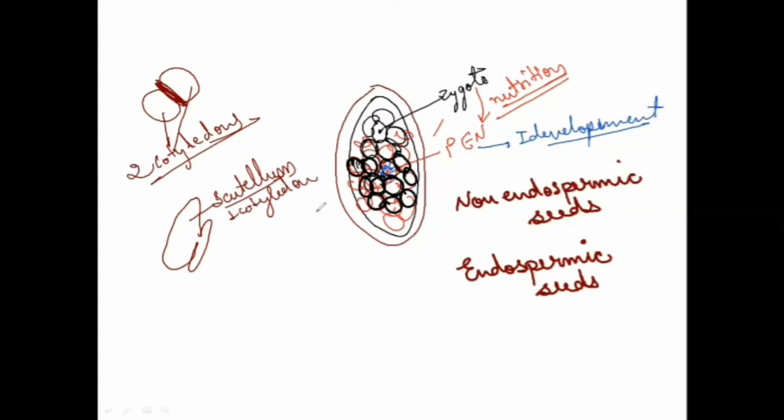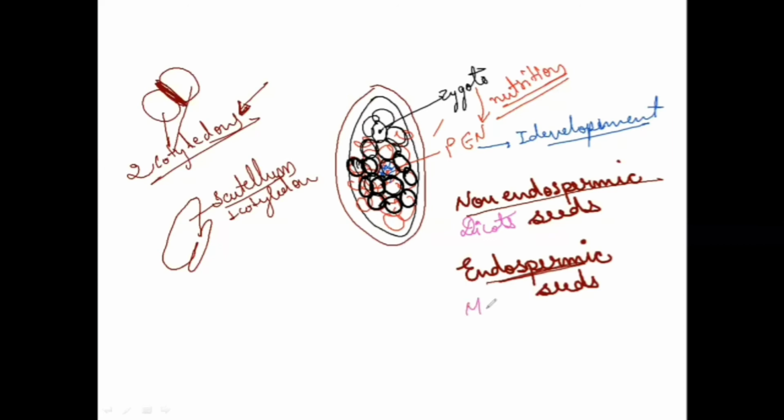Clear? This is just one cotyledon in monocots, and this is two cotyledons in dicots. Those who have more cotyledons won't need endosperm for nutrition, so they will use their complete endosperm and form non-endospermic seeds. So non-endospermic seeds are seen in dicots. Whereas coming to monocots, since they have just one cotyledon, they will keep endosperm persistent in their seed and form endospermic seeds.